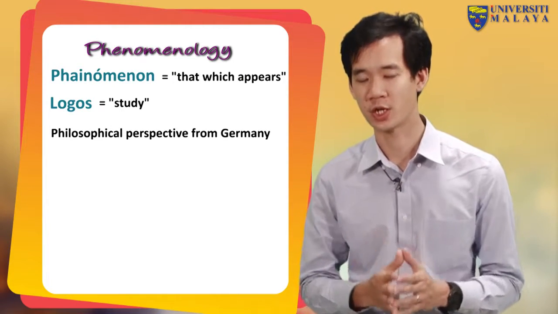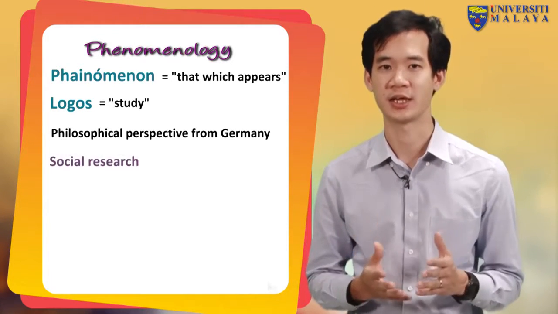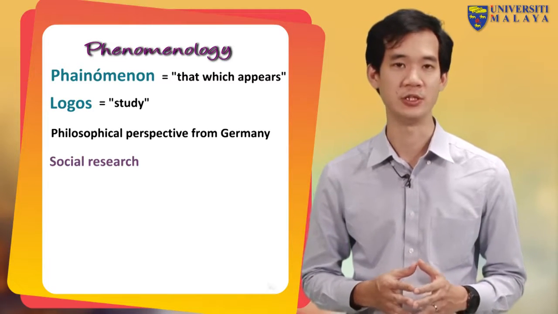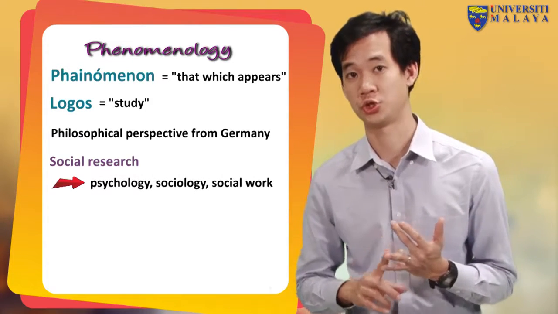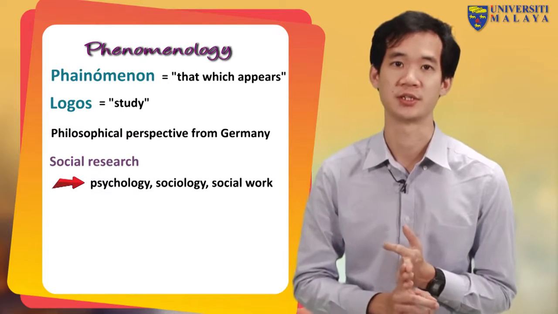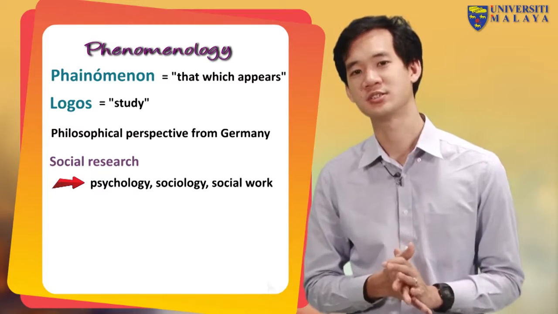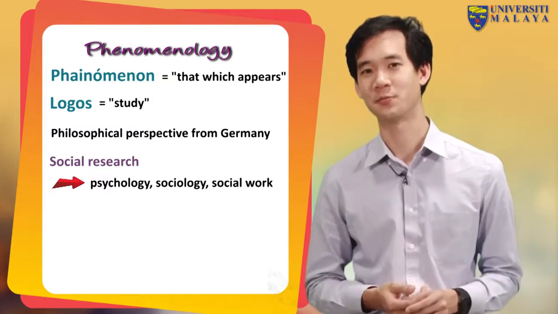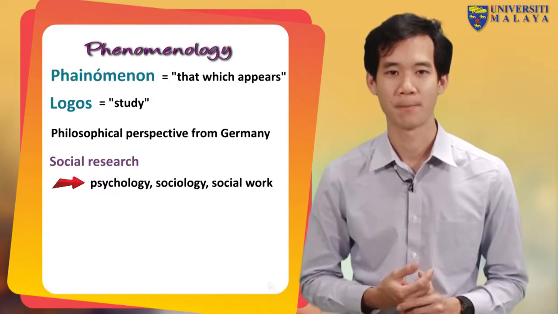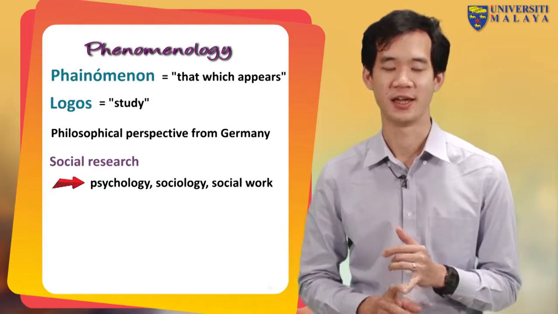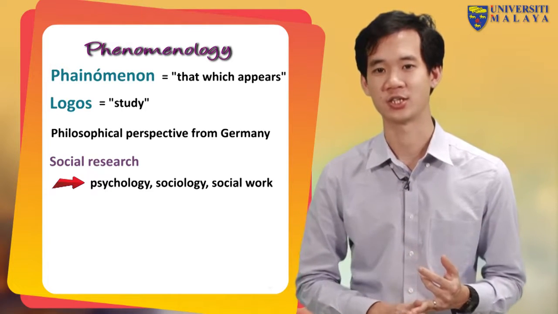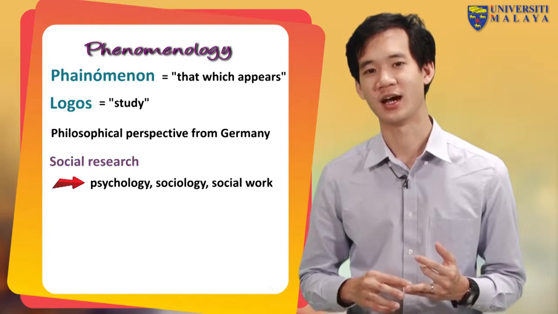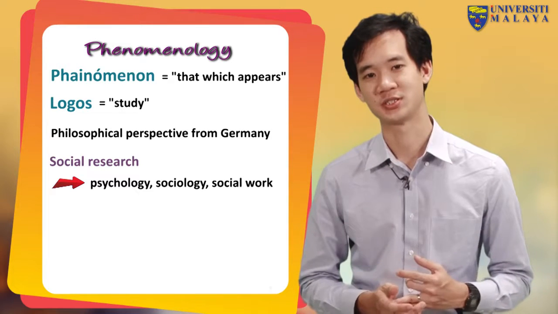This phenomenological approach was later applied in social research in fields such as psychology, sociology, and social work. Phenomenological researchers are interested in understanding how the world appears to others.